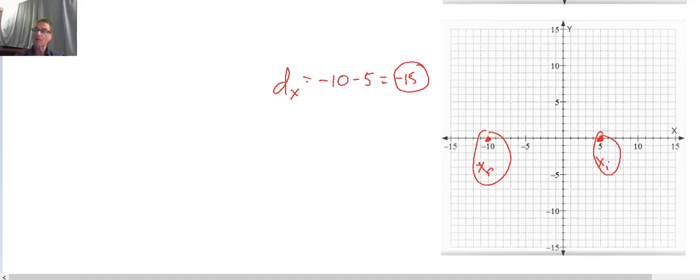What does that mean? It means that I started out here at the positive 5 position, but my displacement was negative 15 units. It means 15 units in the negative x direction. So I was going to the left on my graph. So that's displacement.